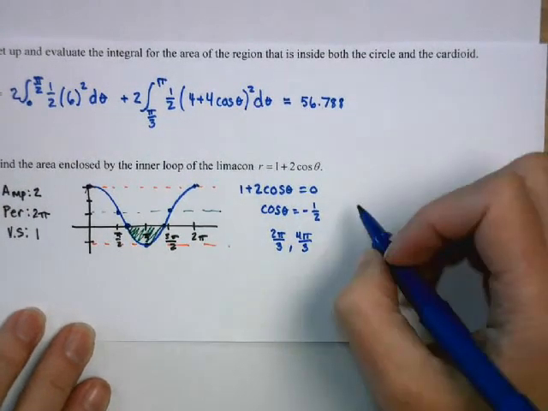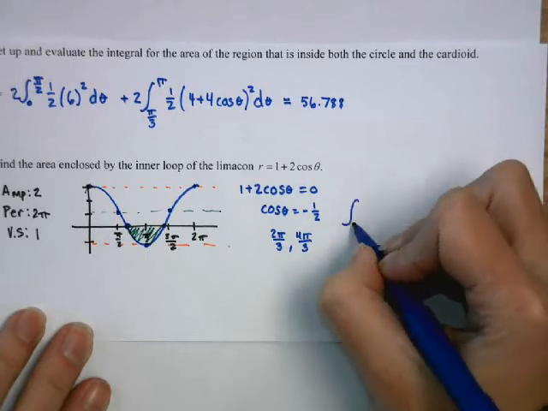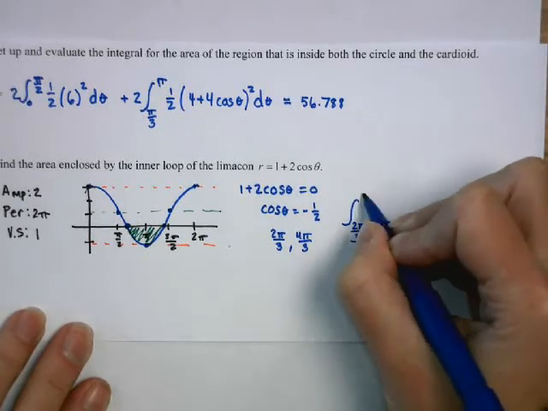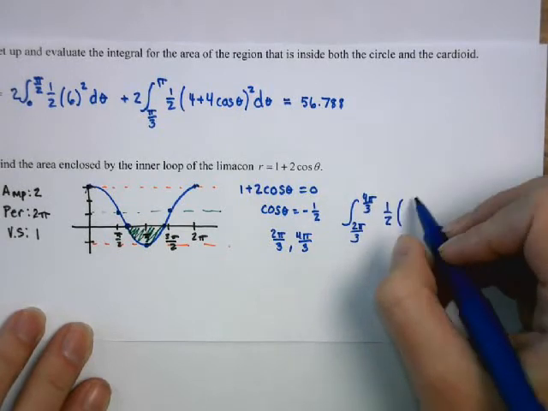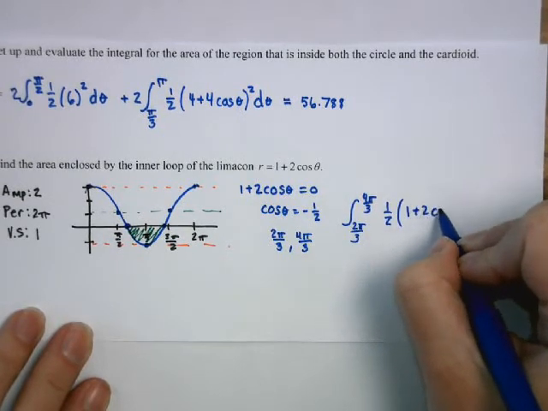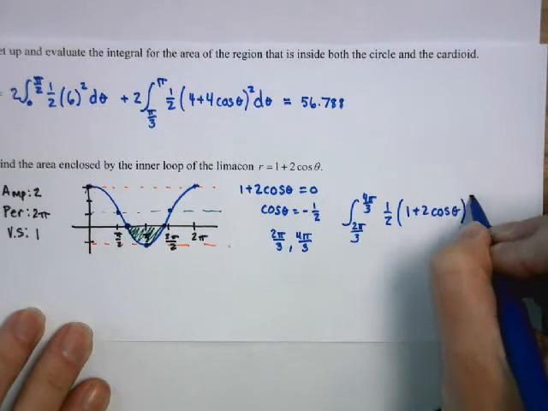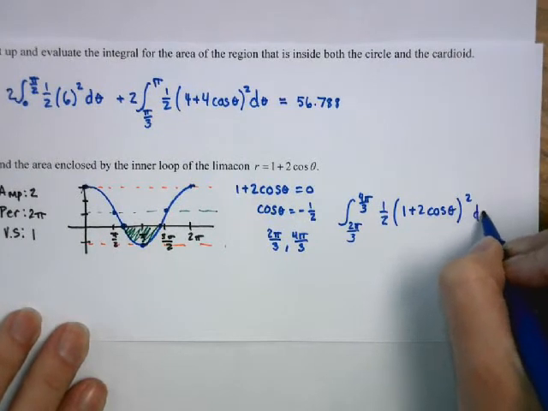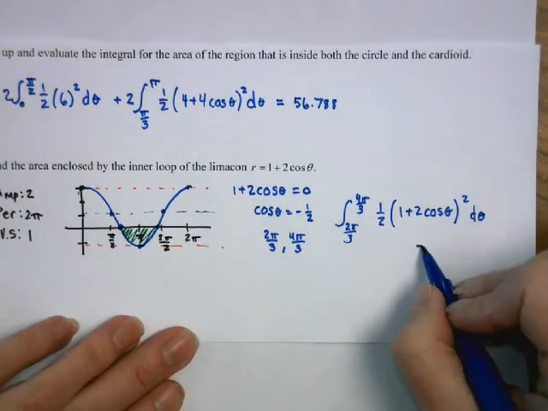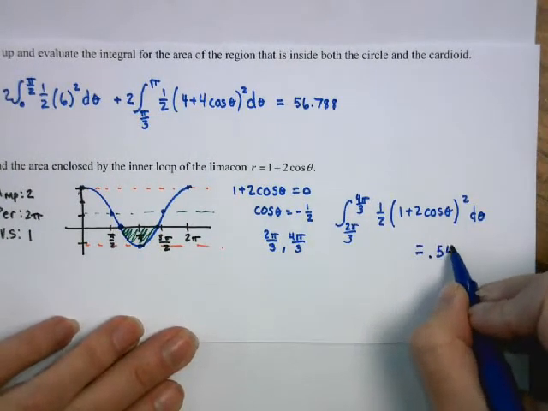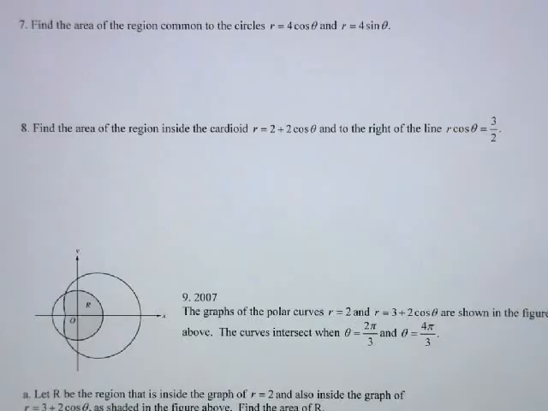So my integral is going to be the integral from 2 pi over 3 to 4 pi over 3, 1/2, 1 plus 2 cosine theta squared d theta. Again, use our good old calculator and you'll get 0.544.